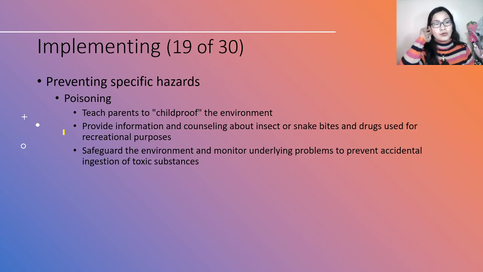We don't know, okay? So it's very important that you inform the parents to read the label first, okay? So go for organic mosquito repellents. Safeguard the environment and monitor underlying problems to prevent accidental ingestion of toxic substances.